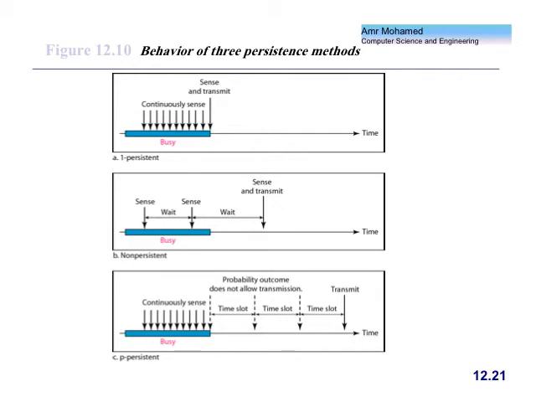So on one hand, waiting for this time was a little bit bad, but you know what? It's good in a way. Why? Because it reduces collision. So the non-persistent will be bad if the channel load is low. If the channel load is low, then the probability of collision is very low, right?